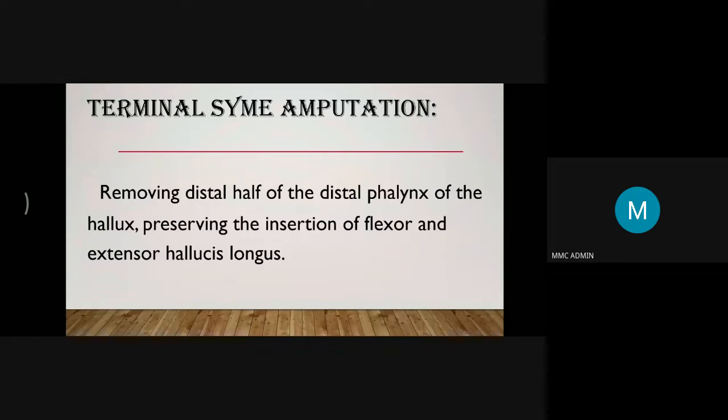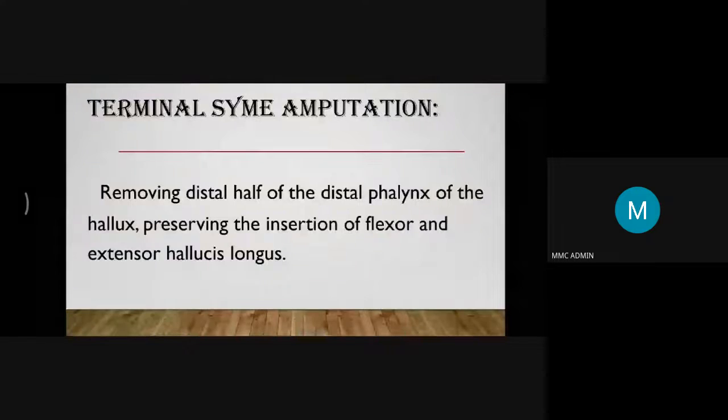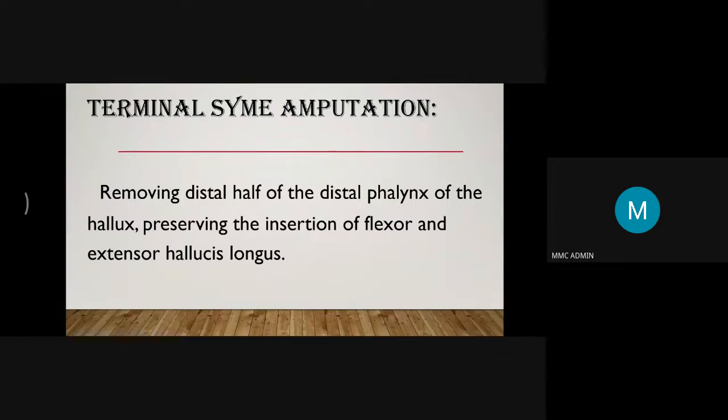That is preserving the insertion of the flexor and extensor hallucis longus. This is the most important concept regarding that. So the movement will be preserved, both flexion and extension. Only the distal half of the distal phalanx will be removed.